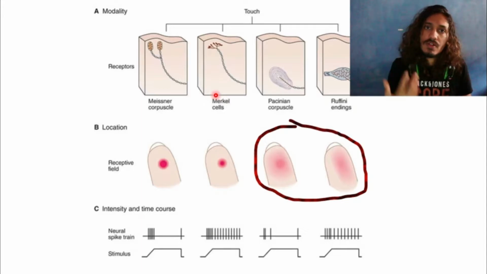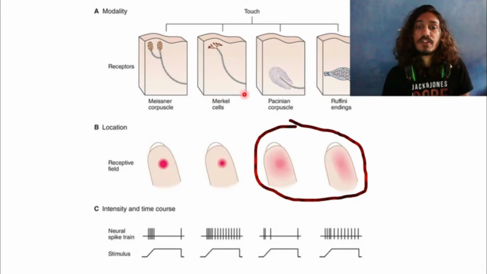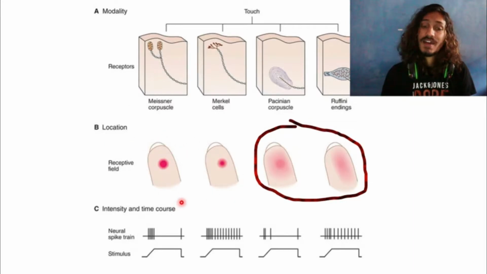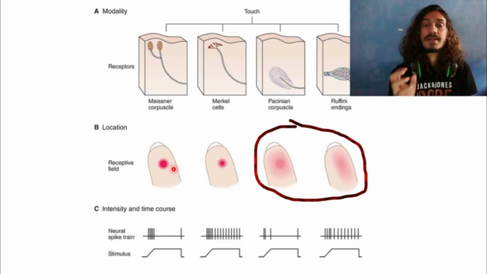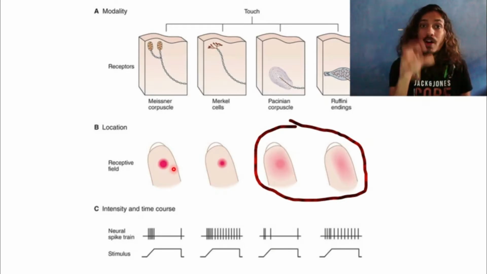So in regard to the receptive field, the ones that are superficial, like the Meissner's corpuscle and your Merkel's disc, have a smaller receptive field. If they have a smaller receptive field, localization will be better. That is just what I explained right now. When the receptive field is smaller, the localization will be better.